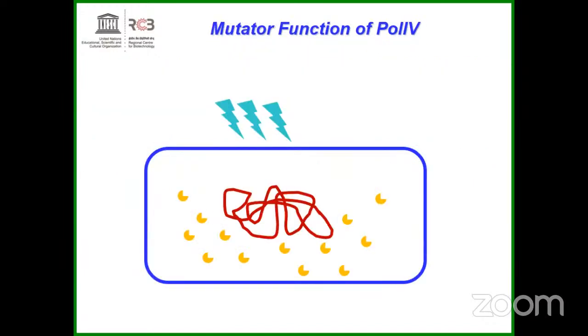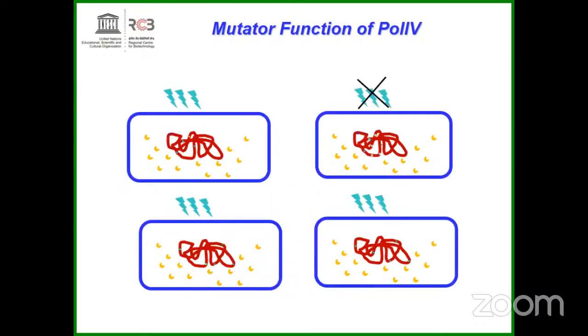And basically what happens is, when you have stress, then DINB or Pol4 is upregulated, and that gives rise to different kinds of mutations in the genome. In a cellular pool, you will have different cells with distinct mutations in them, and that is giving rise to multiple genotypes which can be subjected to natural selection.